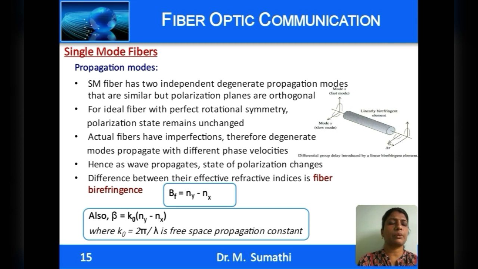This difference between the effective refractive indices is called fiber birefringence, given by Bf = Ny - Nx, and the propagation constant, which is equal to Nk, is given by K0 (Ny - Nx) because of the existence of two refractive indices.